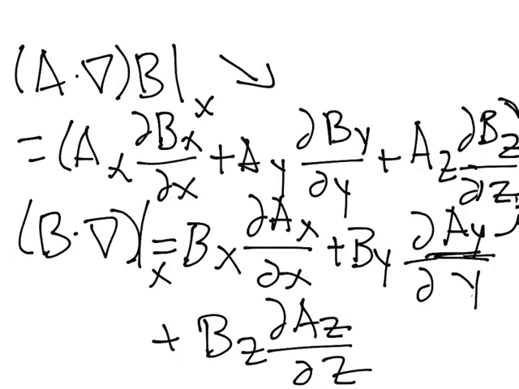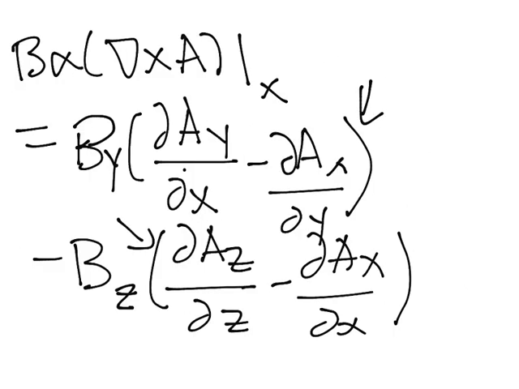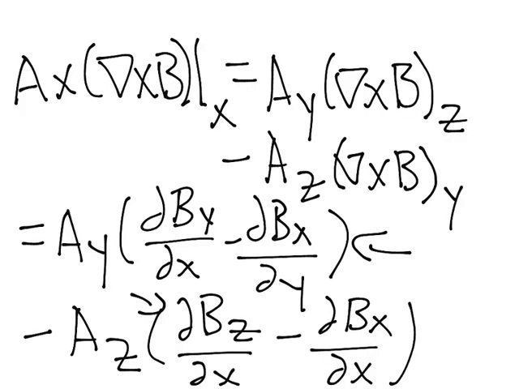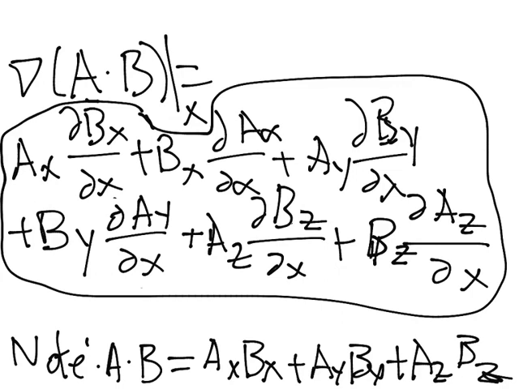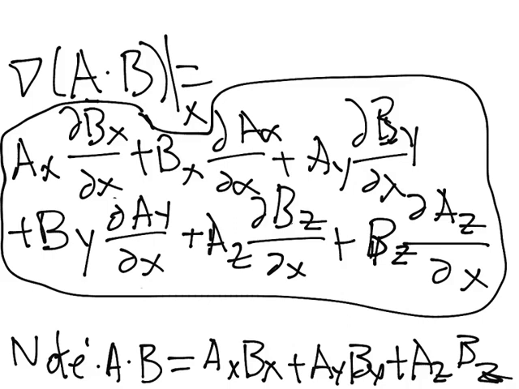Where do we have that? Ay times the partial of bx with respect to y. Where is it? I can't find it right now.